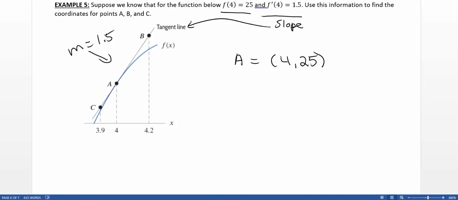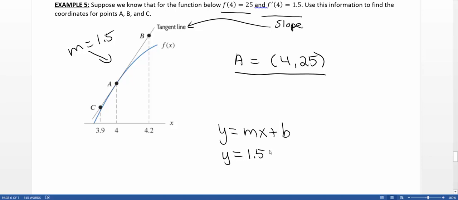So if we know the slope of a line and we happen to know a point on the line, we can actually use that to get the equation of the line. So remember, the equation of a line is y equals mx plus b. So here we know the slope, which is m, right? So we have y equals 1.5x plus b.